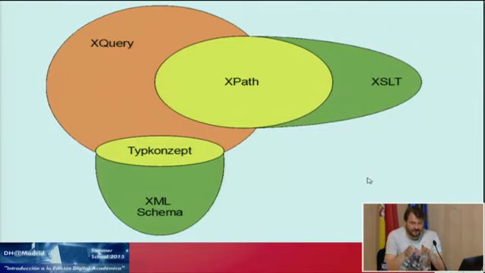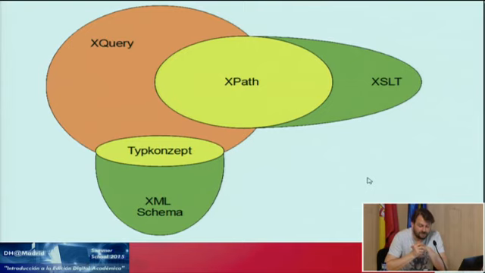This is a visualization of how those different XML tools, XML technologies, are related to each other. If you see XQuery, the big orange circle in the middle, it takes from or shares with XSLT the XPath language. That's an addressing language, which is the most important thing. I can't repeat it often enough.